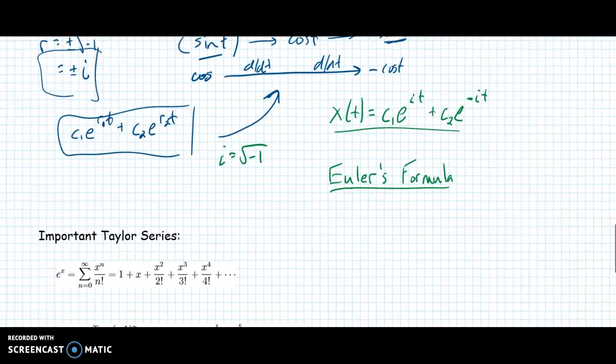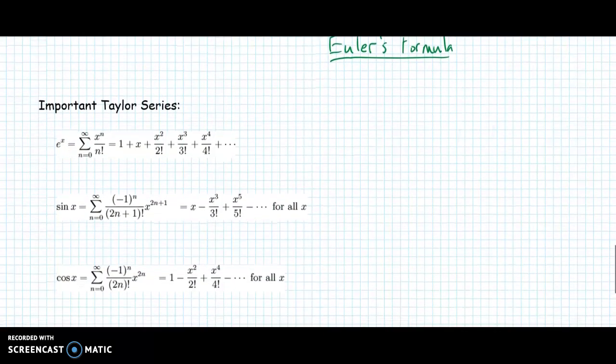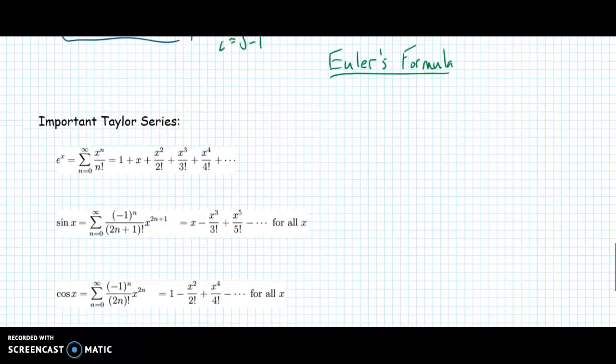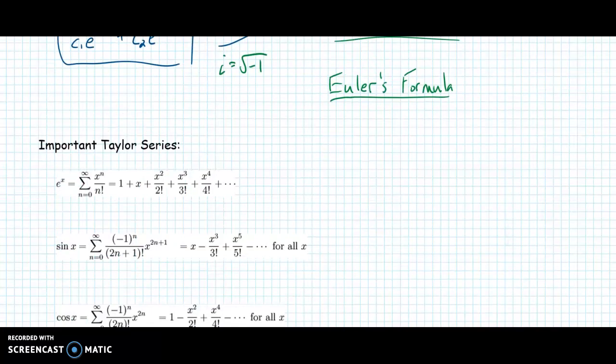And I sort of said this maybe somewhere along the line, but we keep coming back to it. We keep coming back to different styles of solutions, and we keep using Euler's formula. So Euler's formula, I'm going to write it, and then I'm going to show you why it's true. Euler's formula says, let me pause.